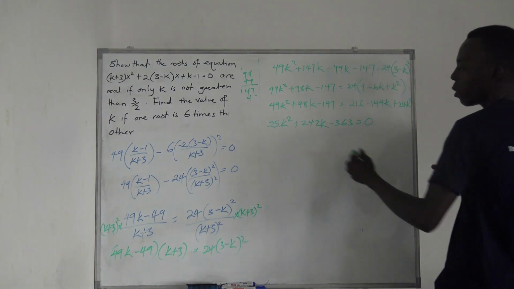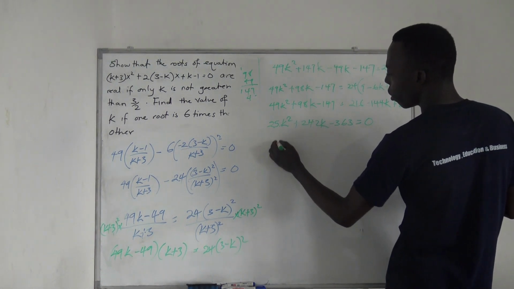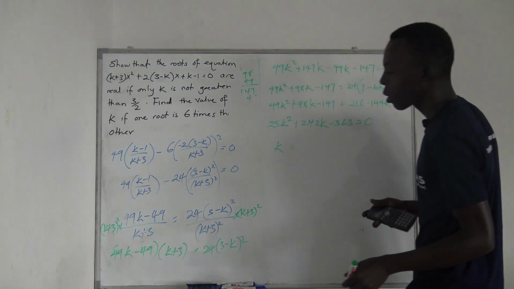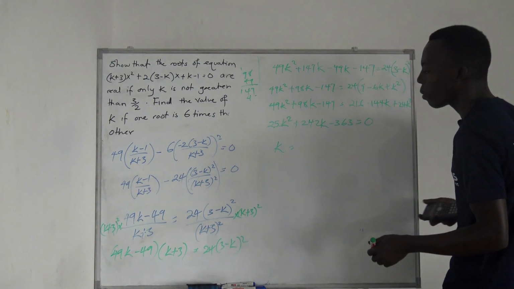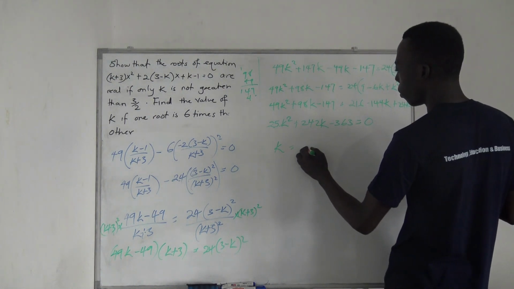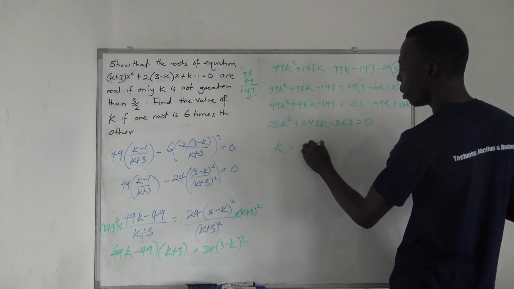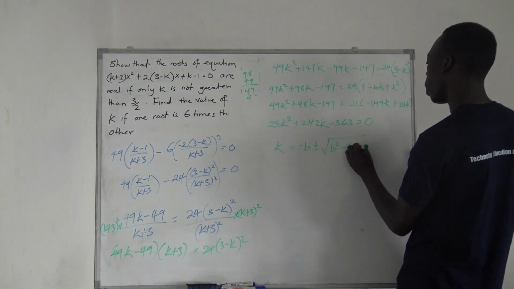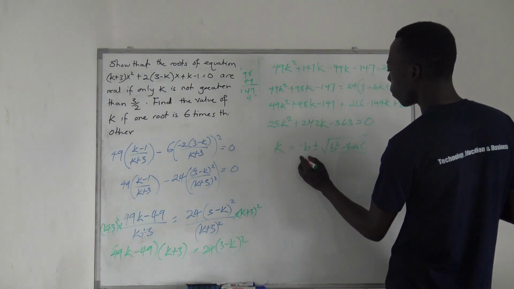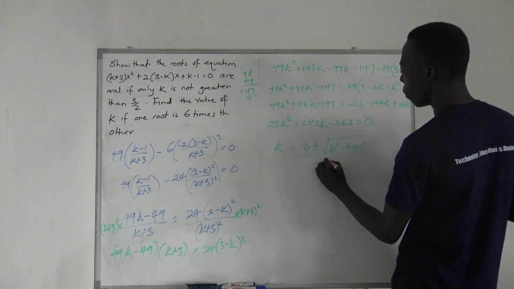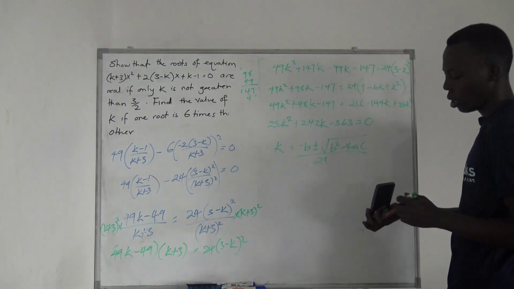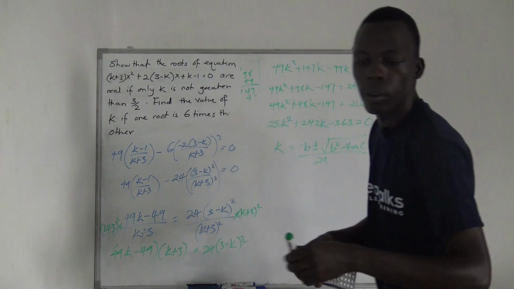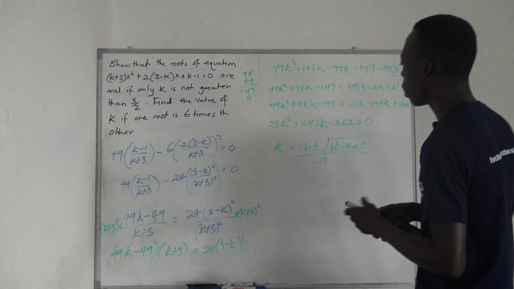Since this thing is too huge, what we do is introduce the other formula after completing the squares, which is negative b plus or minus root of b squared minus 4ac, all over 2a. We are going to substitute the values of a, b, and c.